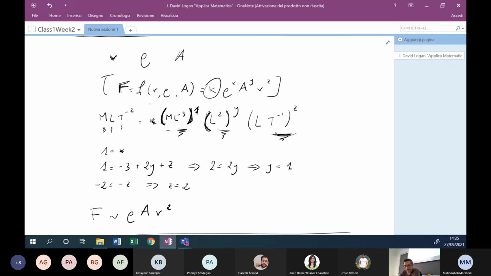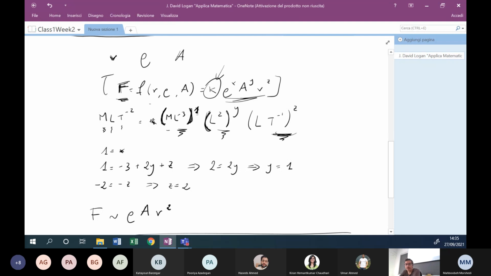Okay, this K is just some constant. I don't know anything about that K. Since I don't know this law which is relating the force of the resistance of the air to density, area, and velocity, what I'm assuming is that there is some parameter K, which is dimensionless, to be added to my problem.